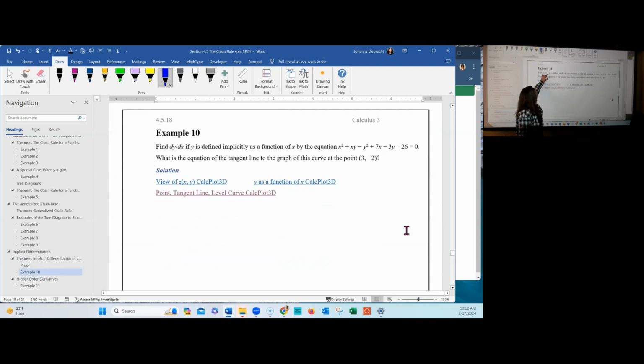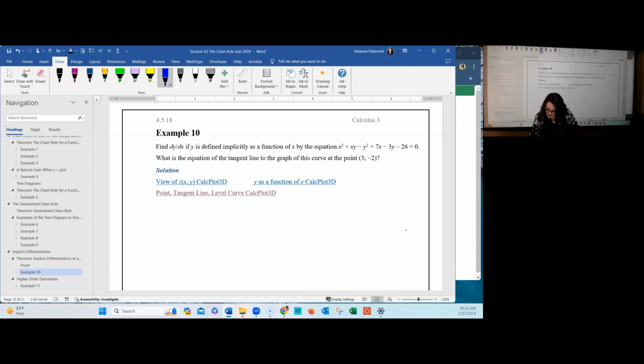We want to find the first derivative of y with respect to x, assuming that y is defined implicitly as a function of x by the equation x squared plus xy minus y squared plus 7x minus 3y minus 26 equal to 0.